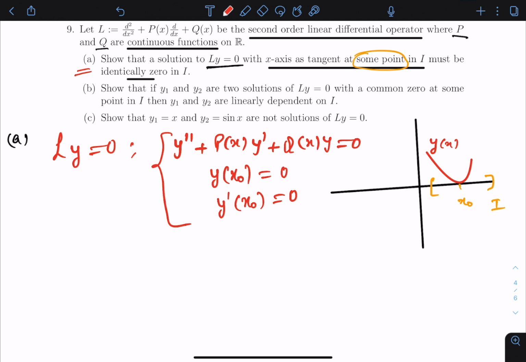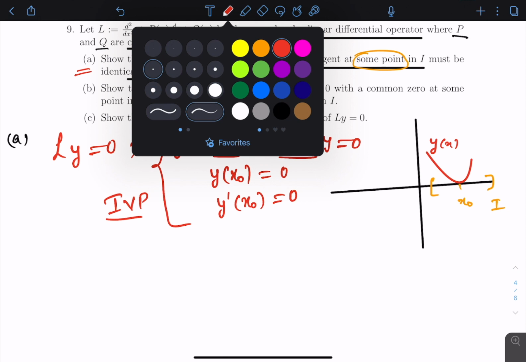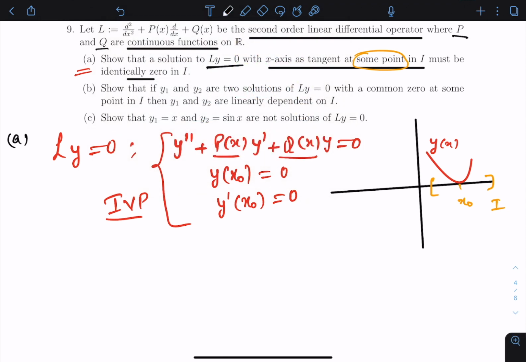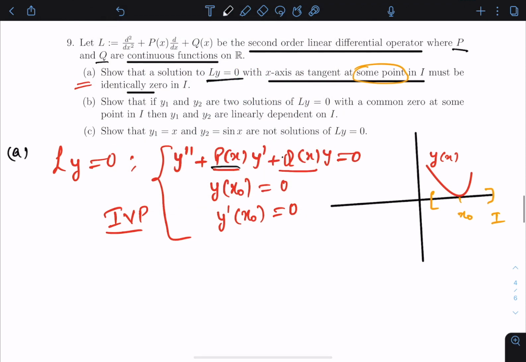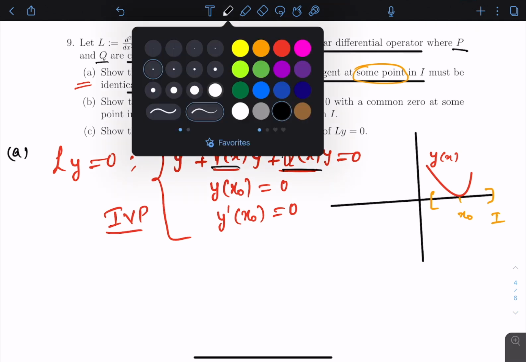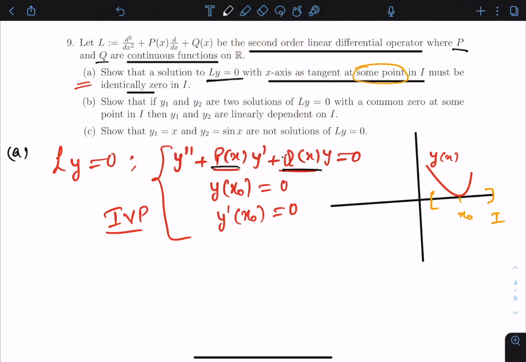And this is a second order initial value problem with the coefficients p and q being continuous. If the coefficients p and q are continuous, then it satisfies the Picard's existence theorem. In fact, not Picard's existence theorem, sorry, that was for the first order.